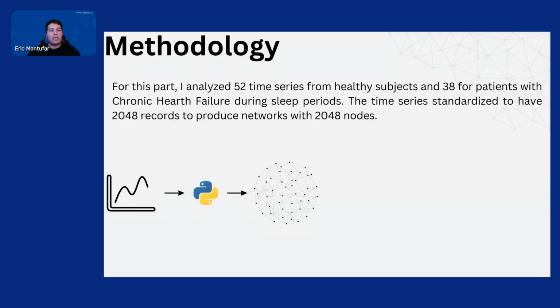And once I had the visibility graph itself as a list of edges, I used Python again to upload those networks to Neo4j. And once I had them in Neo4j, I used Python again to apply some Cypher queries on those networks and get the results.